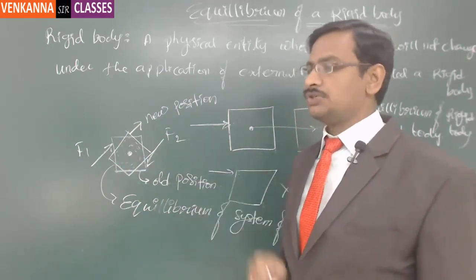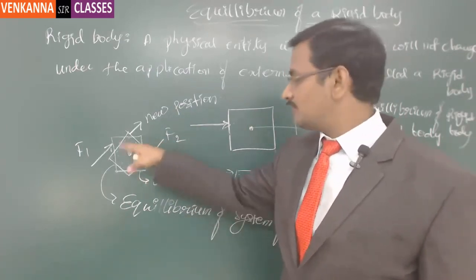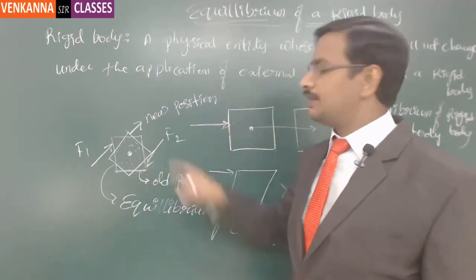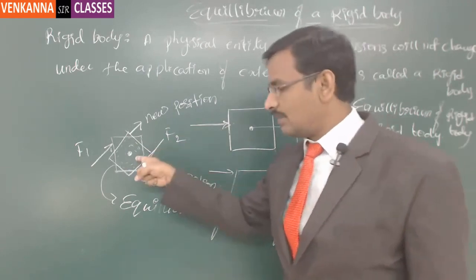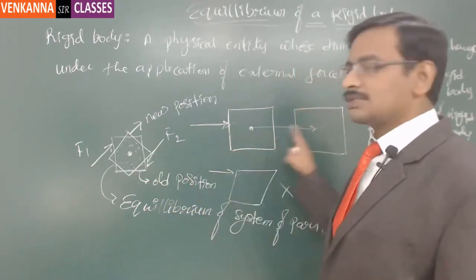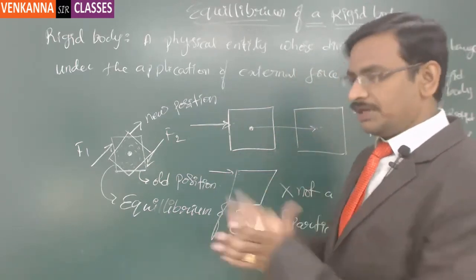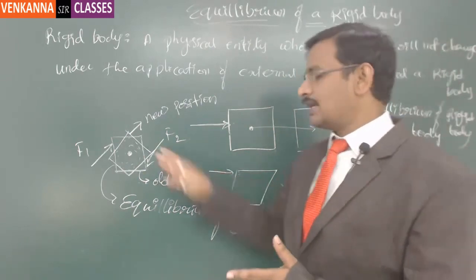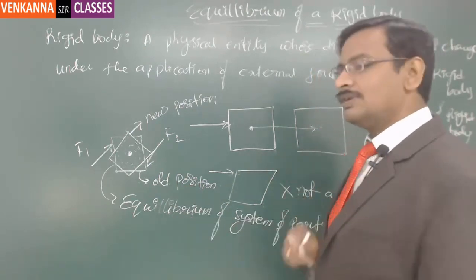So if you want to identify the equilibrium of this particular body, you have to analyze all the particles individually and then understand whether the body is under equilibrium or not. This kind of analysis we call equilibrium of system of particles, and the other case we call equilibrium of rigid body. That means if you treat the entire body as a single point, that is a rigid body, and if you treat the entire body as infinite number of individual particles, that is called equilibrium of system of particles.